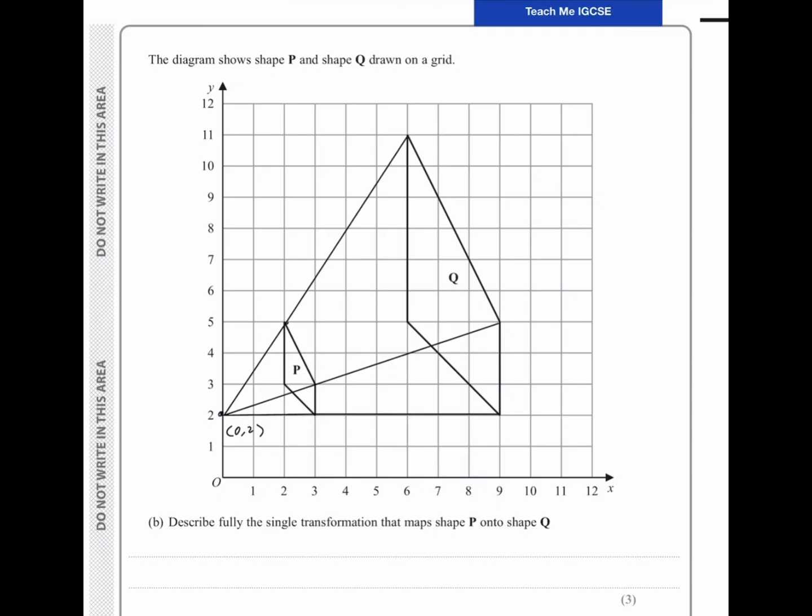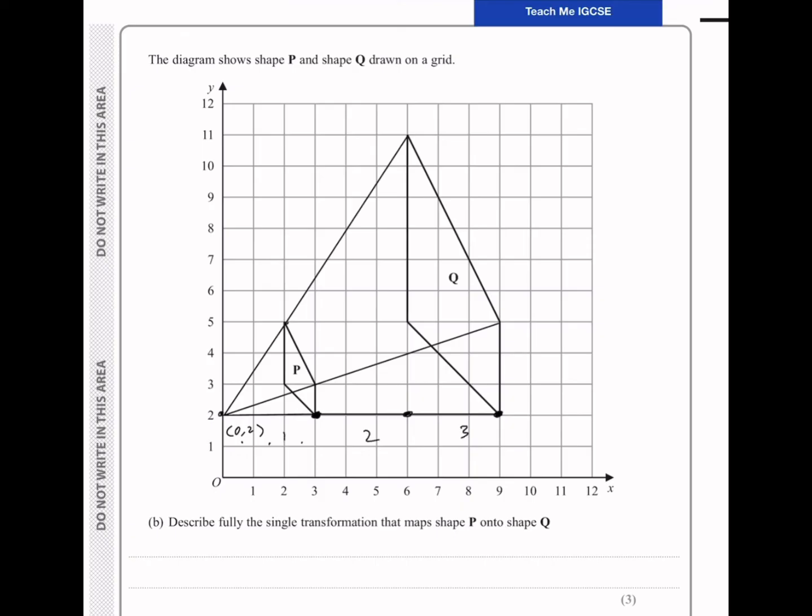Now we can find the scale factor. As you see, from this point to this point here on the small shape P, it goes through 3 squares across the x-axis, and then another 3, and then another 3, which means 1, 2, 3.